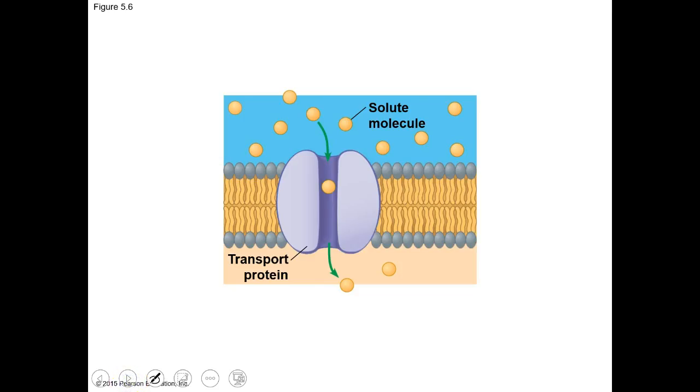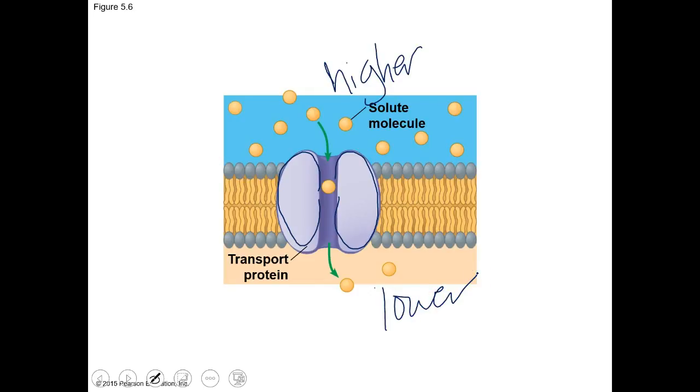So this is our solute, which is either polar or charged in some way. Maybe it's an ion. And here's our protein. Basically it just gives a channel so that particular solute can get through from a higher concentration to a lower concentration. Notice we've got 2, 4, 6, 8, 10, and 2. So this is going to go from higher to lower. No energy. Okay.